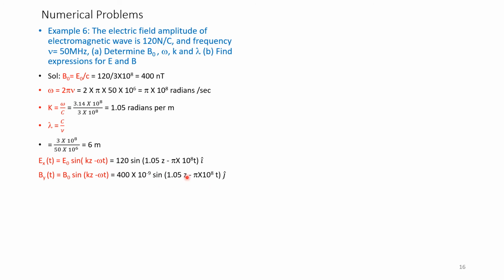Omega t is given here, and it is along the y axis, that is j. j is the unit vector in the y direction, because B is in y direction, and E is in the x direction and unit vector is i.